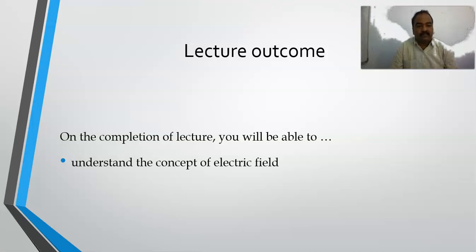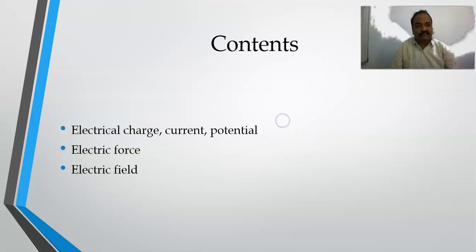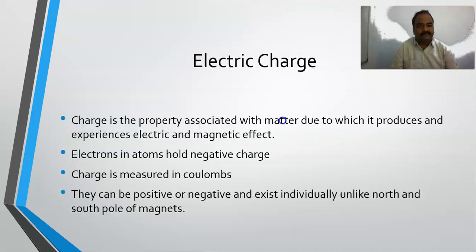Okay, I will start with the basic concepts of electric charge. The first thing is electric charge. Just like a magnet has north and south poles, similarly electric charges also exist.